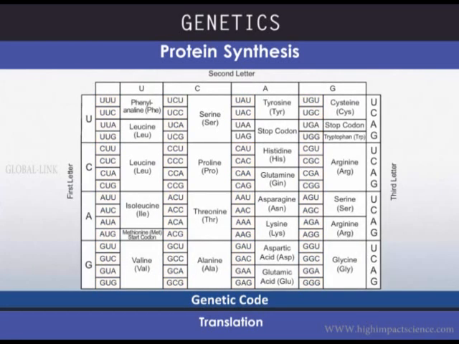Notice that one codon codes for one amino acid. For instance, the codon UGG codes for amino acid tryptophan, and AUG codes for methionine and also acts as the start codon.